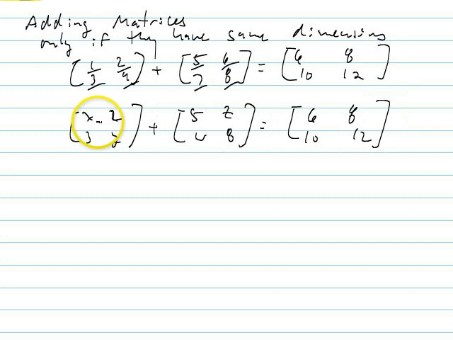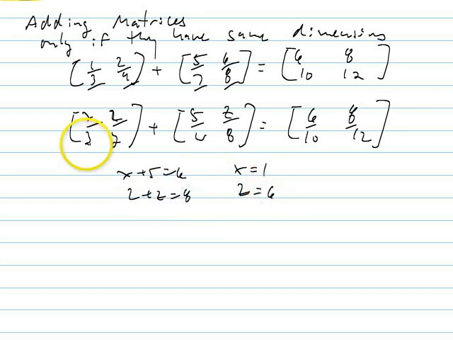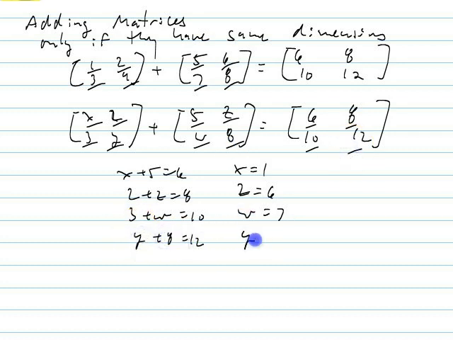Very simply, the top left element, x, 5, and 6, so that would be x plus 5 equals 6, or x equals 1. The top right would tell us that 2 plus z has to equal 8, which would make z equal 6. The bottom left would be 3 plus w equals 10, so w equals 7. And finally, the bottom right is y plus 8 equals 12, so y equals 4.